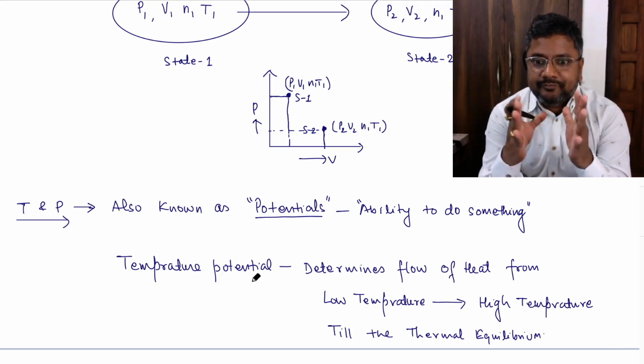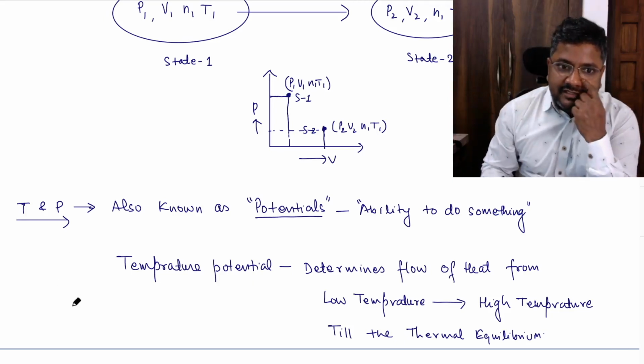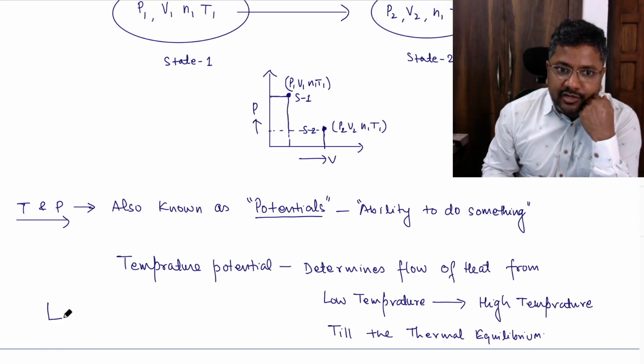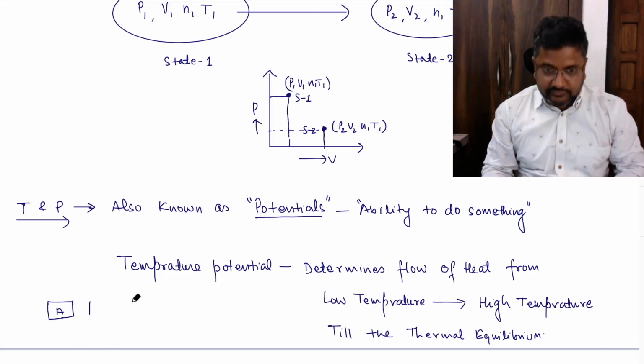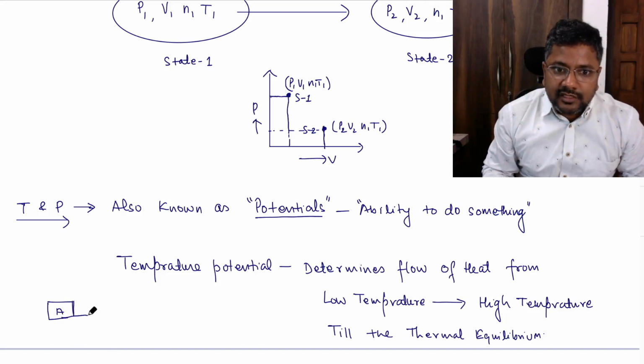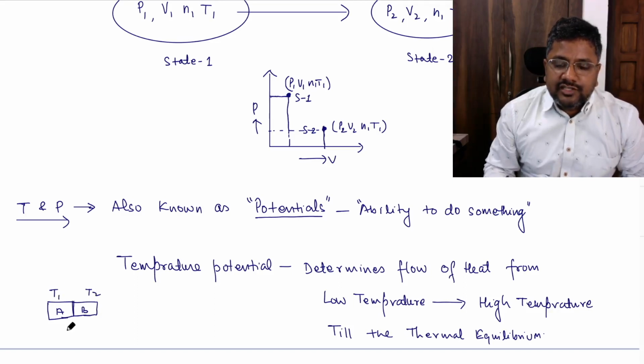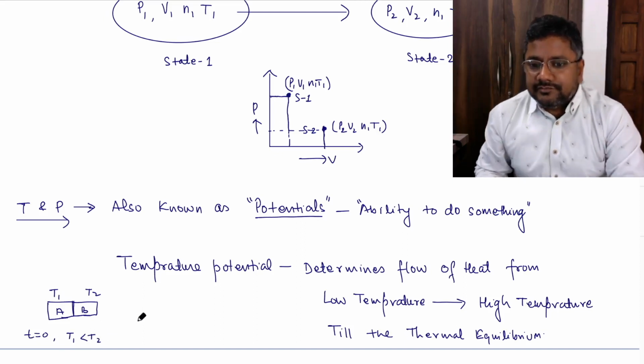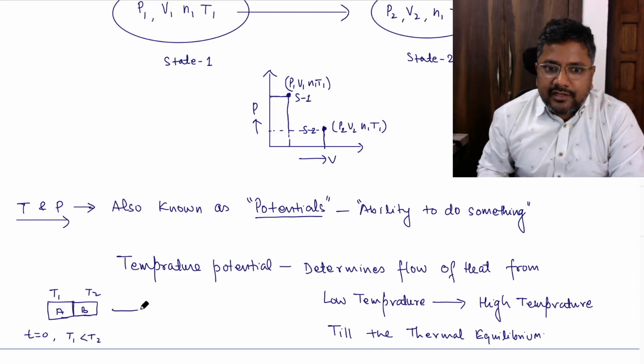Suppose you have two objects, object A and object B, and both are in contact, with temperatures T1 and T2, and at time t equal to 0, T1 is less than T2, right? So what will happen with time?